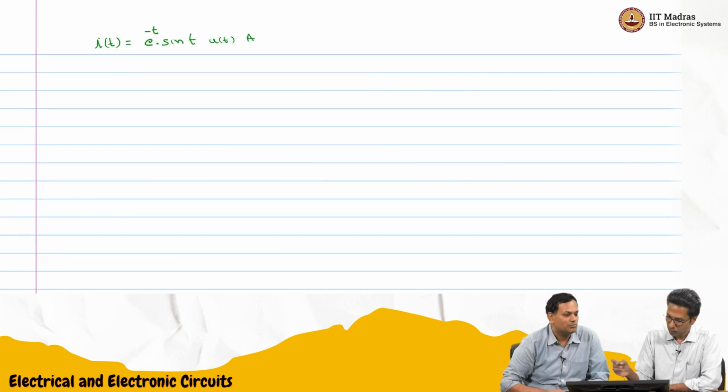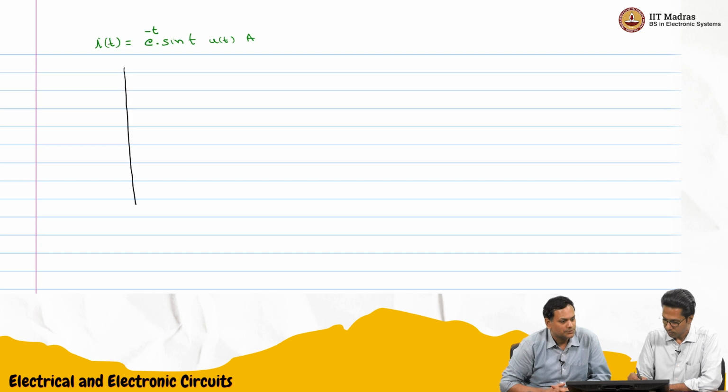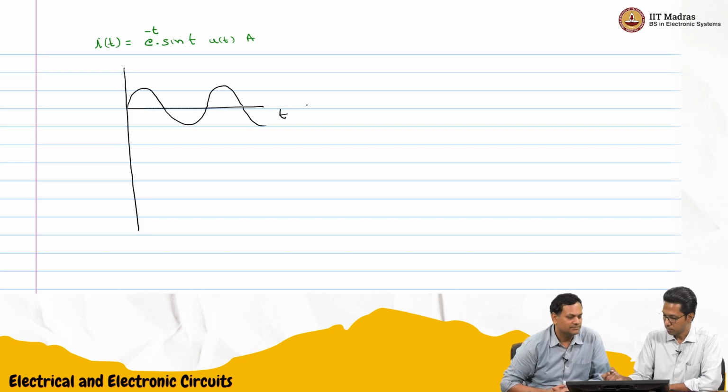We can draw the sinusoid first, then draw e power minus at, and we will multiply the two. I will draw the sinusoid approximately, something like this.